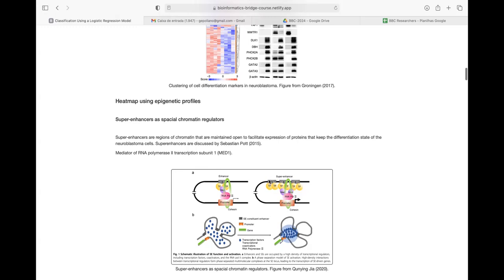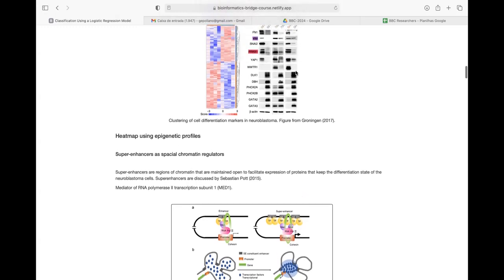So you have the formation of a cellular machinery that promotes the expression of the genes that are characteristic of the state that the super enhancers represent. And in this case that I'm pointing to here, this is the adrenergic state, right?